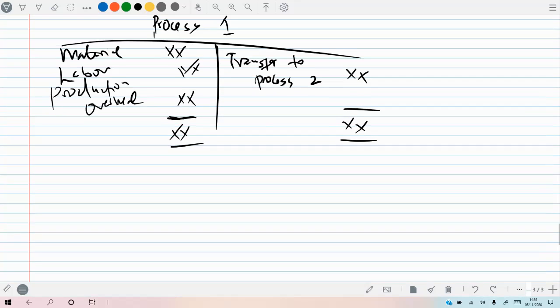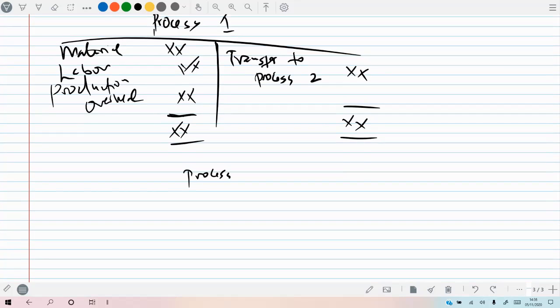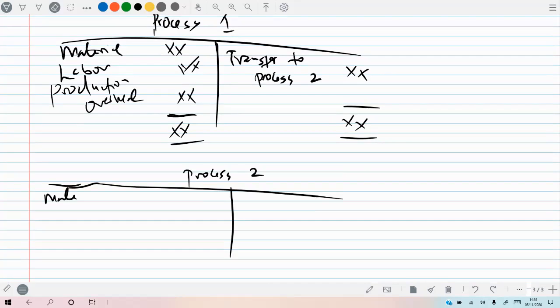Then you have an account for process two, the same step. Here the input is the transfer from process one, the one you just obtained.